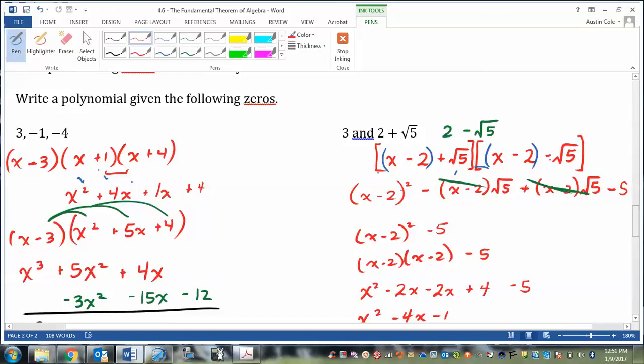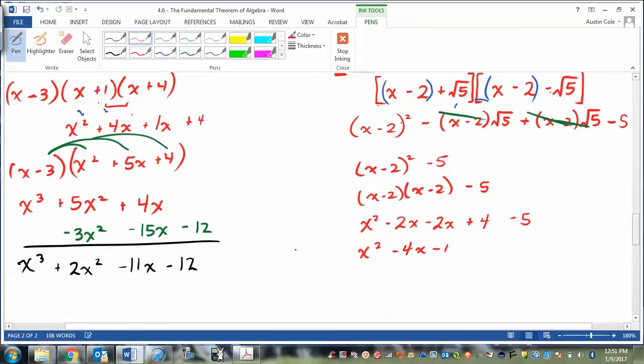But we're not done, because we have that x minus 3 to multiply by still. So I have x minus 3, x squared minus 4x minus 1. Now lastly, we need to multiply these together, which, the hard part's over. So x times x squared is x cubed. X times negative 4x is negative 4x squared.